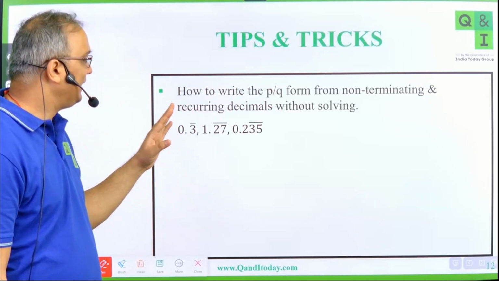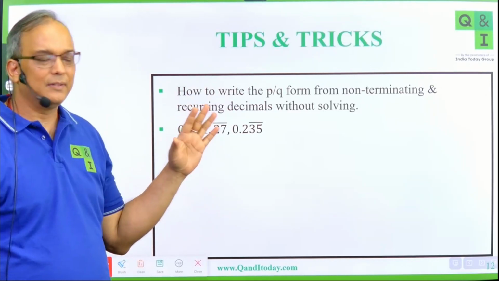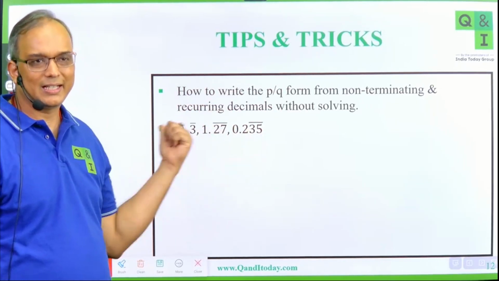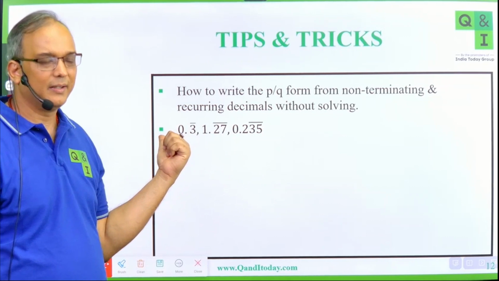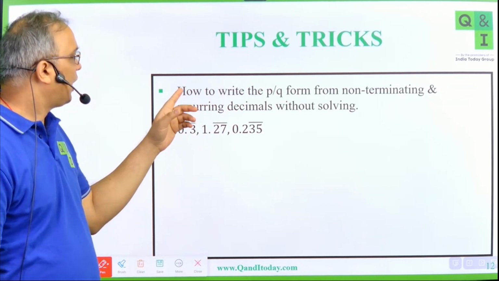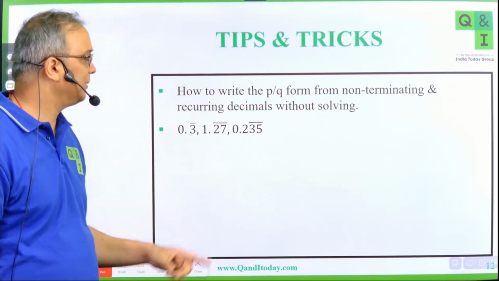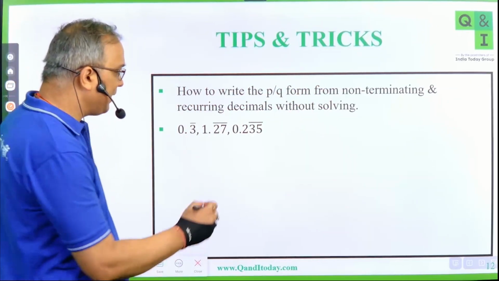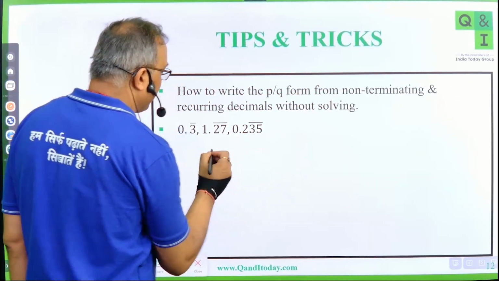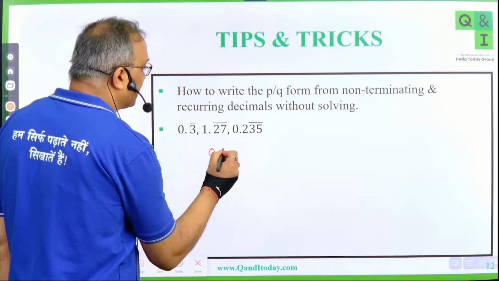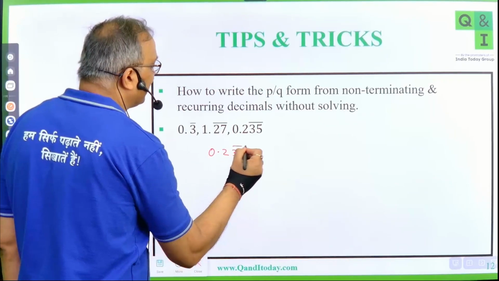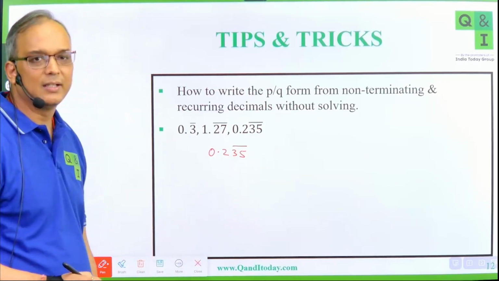So I'll take one example first, the last one first, and then I'll come back here, right? So how to write the P by Q form from non-terminating and recurring decimal without solving? For example, we have this number 0.235 and then 35 is repeating. Okay.